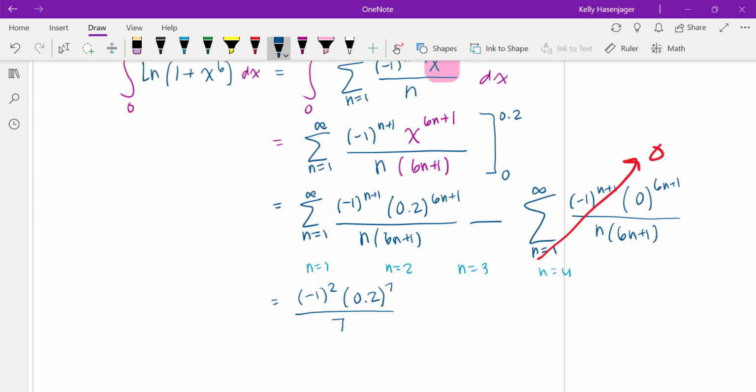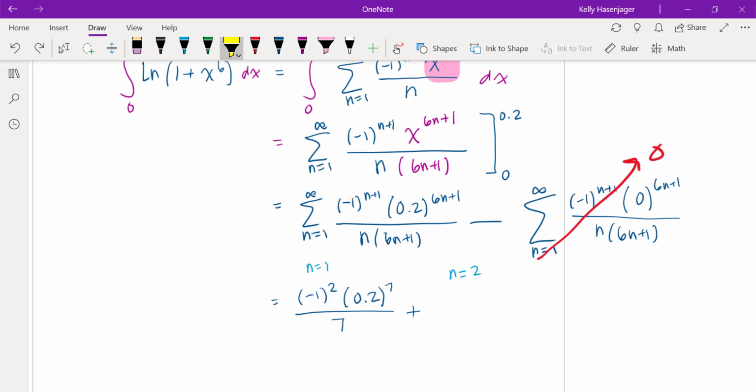Okay. Then for n is equal to 2, I don't want it to throw us off, so let's just rewrite those as n is equal to 2 over here. And now we're plugging in 2 for n into our sum here.